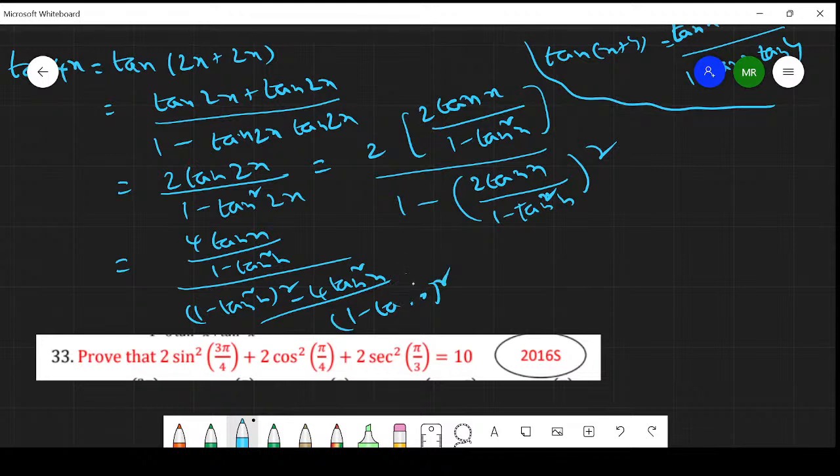You understood what I have written. Be careful: it is tan square x, and it will be whole square. Also remember this.